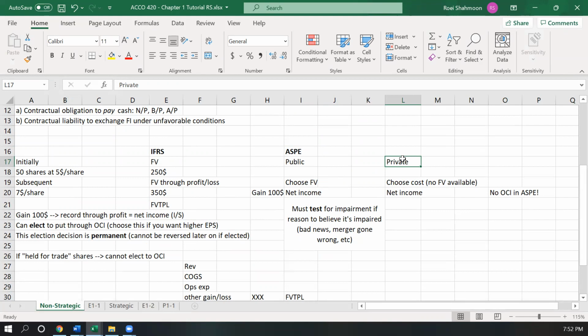A little weird, but just think about it for a second. IFRS is not necessarily required for public companies, only for companies that did an initial public offering, which means they offer their shares to the public. A company can go public whenever they want. They just don't have shares outstanding.